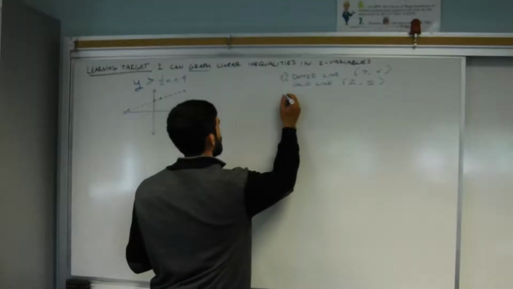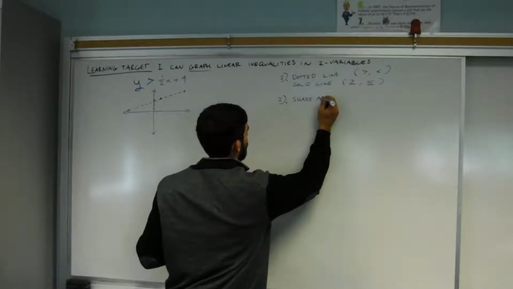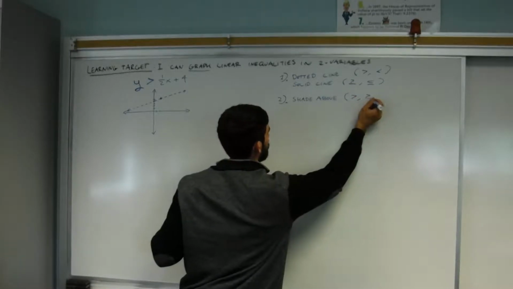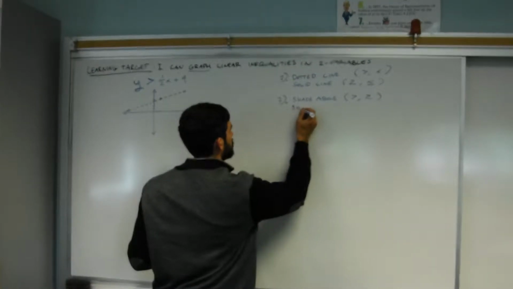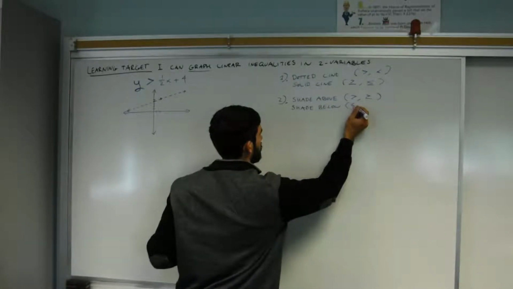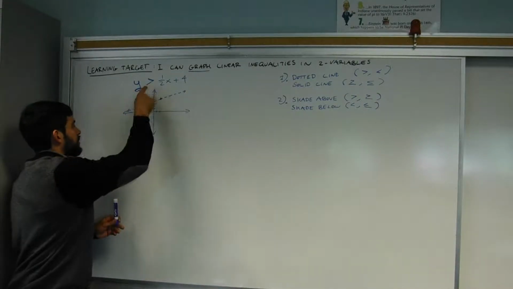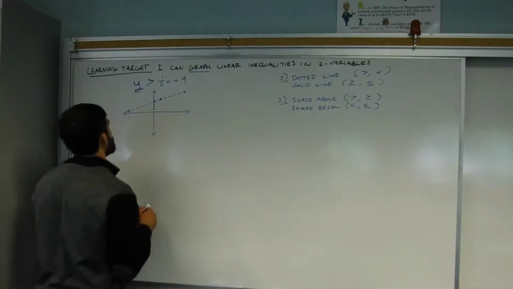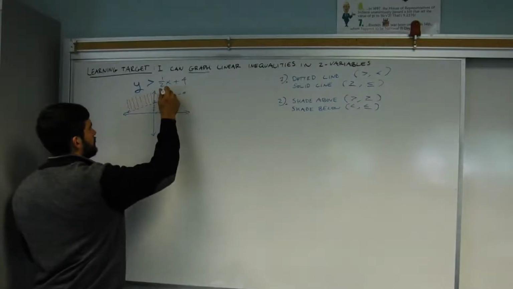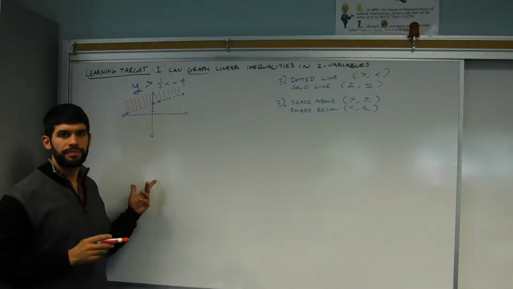Question number 2 is, do I shade above our line, which would be greater than or equal to, or do I shade below our line, which would be less than or equal to? In this case, we have greater than, which means that we are going to shade in above our line, and thus we have our inequality graphed.